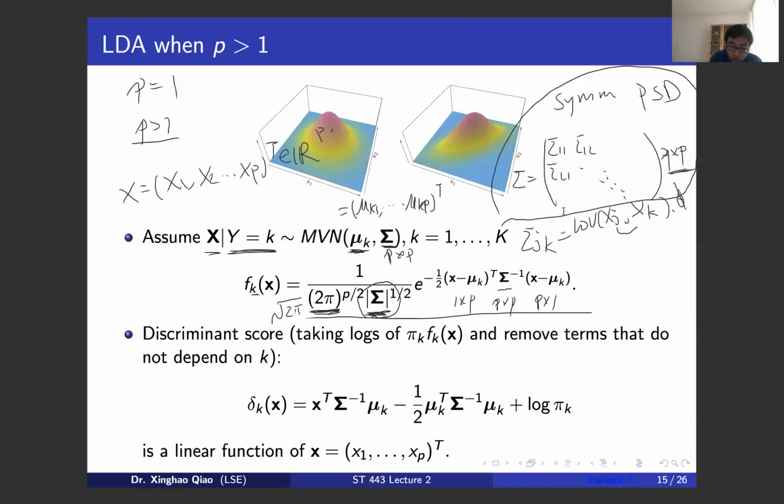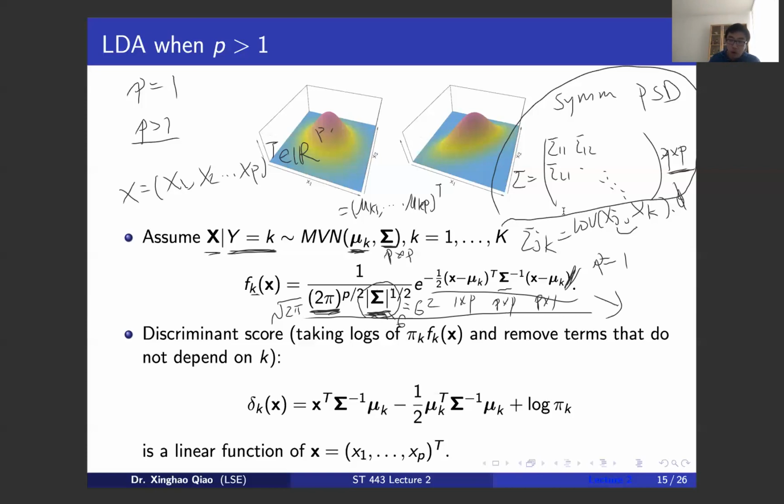If p is 1, then sigma will just be sigma squared, and if you take the square root, this part will be sigma, still the same as the density function for the univariate normal distribution. By some mathematics, you can show that if p is 1, this result will reduce to the density function for the univariate normal distribution.